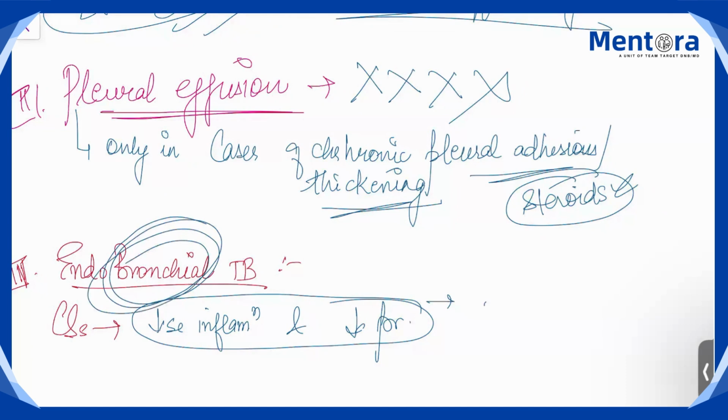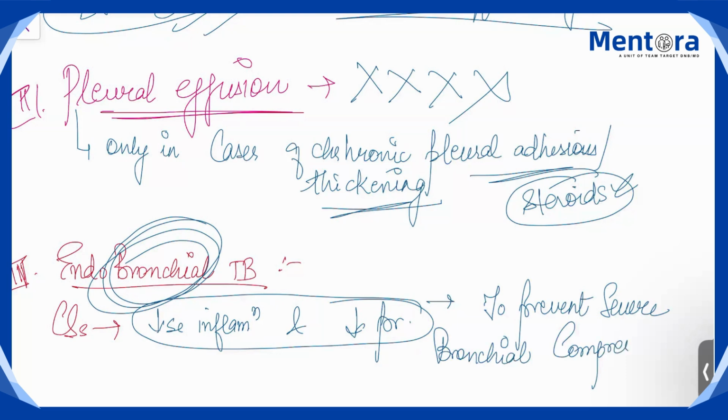There will be severe bronchial compression. So to prevent severe bronchial compression, हो गया तो patient stridor में चला जाएगा, sudden death हो जाएगी. So to prevent the severe bronchial compression, to decrease the inflammation, decrease the pressures, plus prevent the formation of endobronchial fibrosis, वहाँ पे fibrosis ना हो जाए, तो इसलिए यहाँ पे स्टेरॉइड्स इंडिकेटेड है.